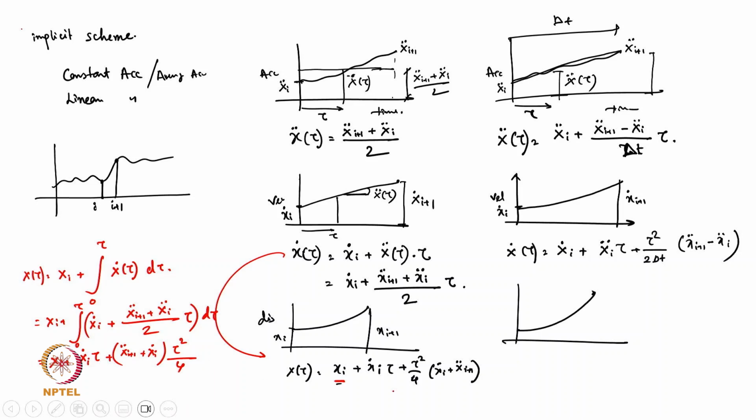So like this way we have to do. So you see how the integration has to be done on that. So previously also, once you are doing it from here to here, you should do the integration in a similar manner, like x dot tau should be equal to xi dot plus integral 0 to tau x double dot tau d tau.